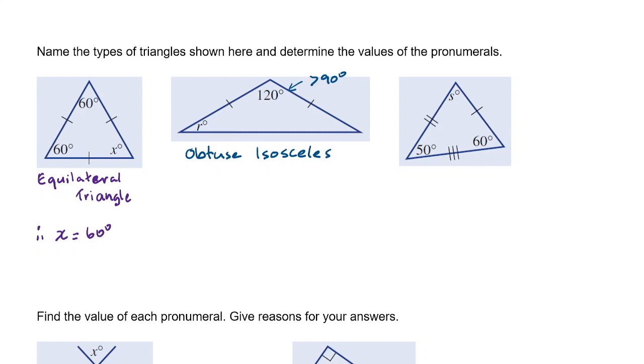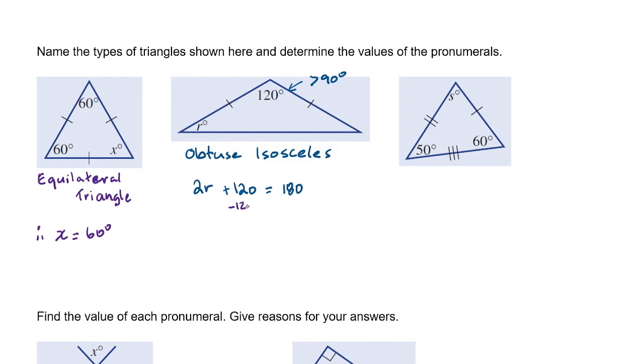So I'm going to set up my problem. I know that 2R plus 120 equals 180, and I can just use some very simple algebra to get to the answer.